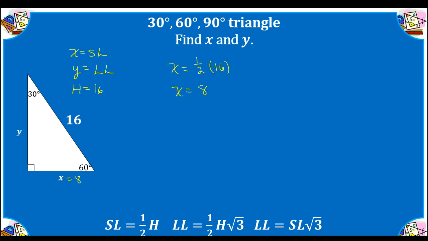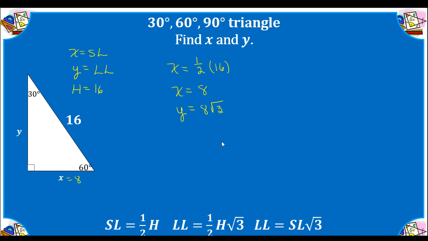Now we're going to find our long leg, and since we already know the short leg, so our long leg y, I'm going to use the formula long leg equals short leg times square root of 3. So my short leg is 8, and we multiply it by the square root of 3. So really there's no math to be done here unless it wanted you to round it to the nearest tenth.